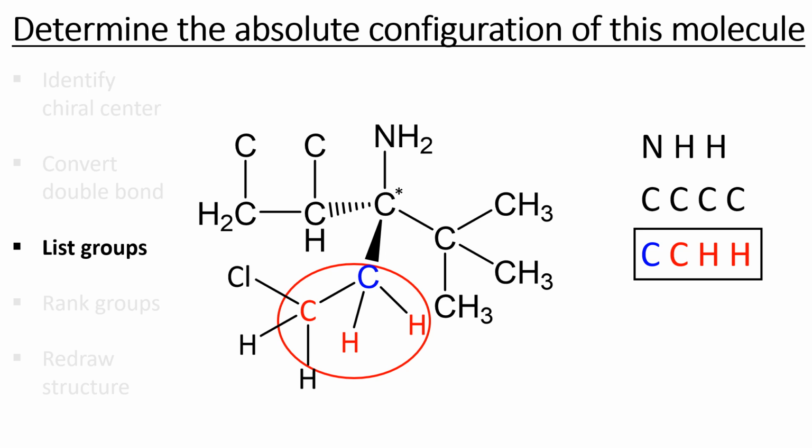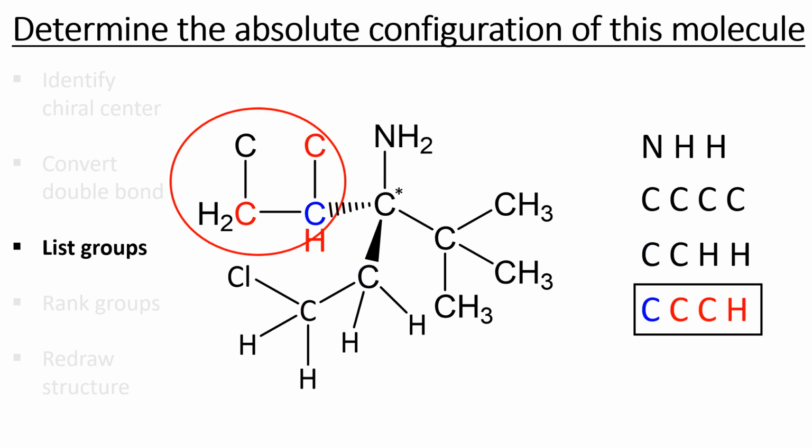The last group would be the vinyl group, which has now been converted to single bonds. In this vinyl group, the blue carbon is directly attached to the chiral carbon, therefore the blue carbon will be listed first. The atoms attached to this blue carbon in decreasing order of atomic number are the red carbon, another red carbon, followed by the hydrogen.